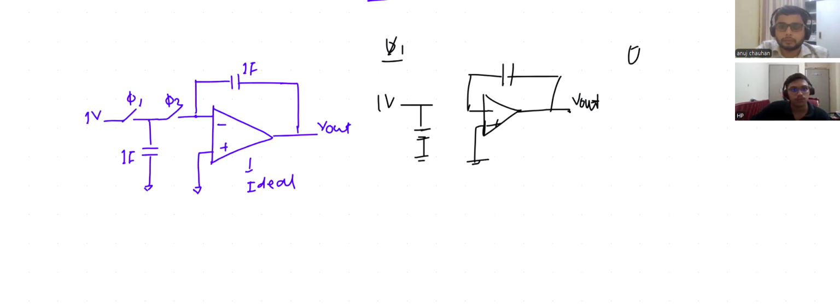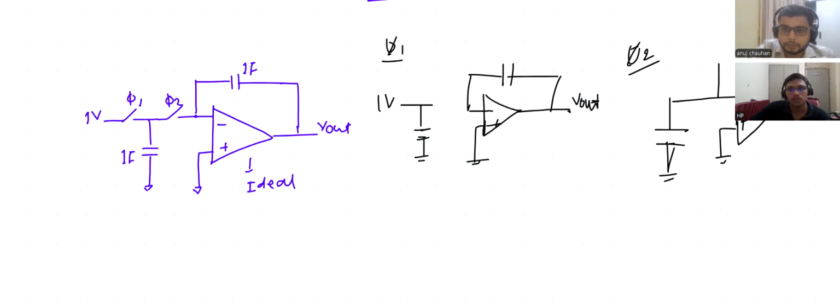Similarly, for phi 2, my circuit is, okay, this is 1 farad.